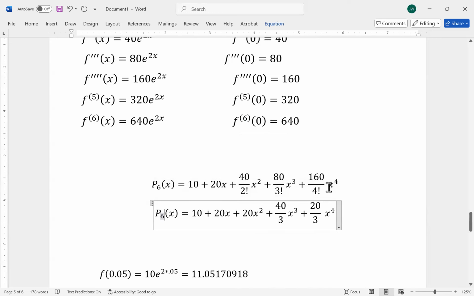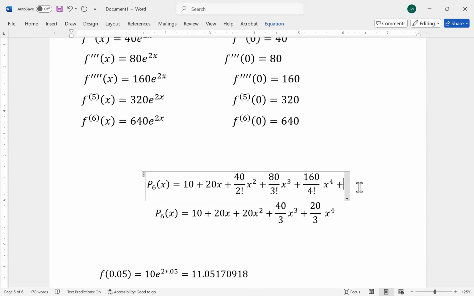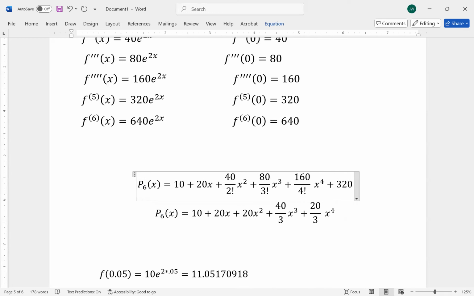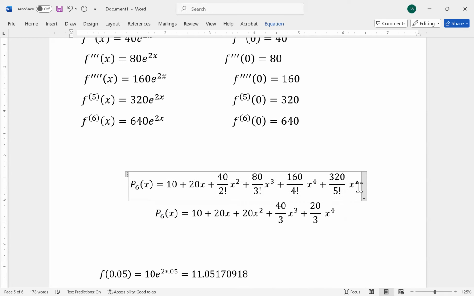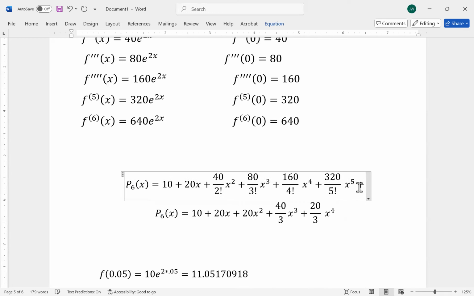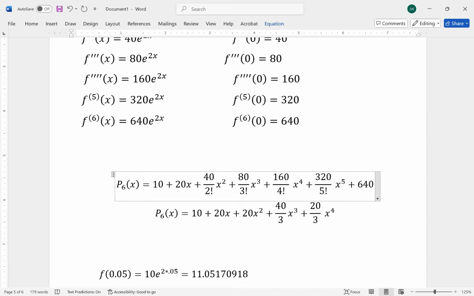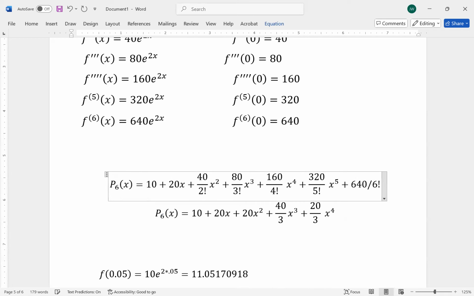So let's add on a fifth degree. So that would be 320 over 5 factorial times x to the fifth, and then add on a 640 divided by 6 factorial x to the sixth. 320 over 5 factorial. I will type that into my calculator.